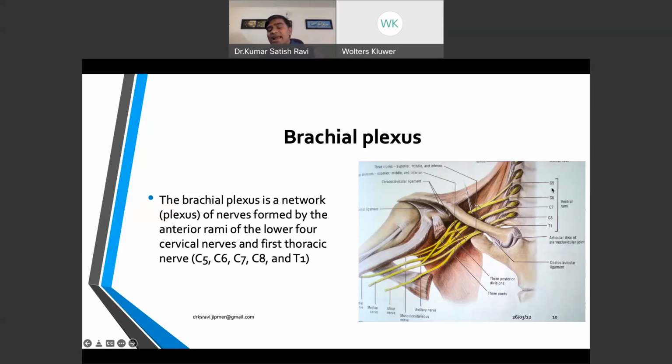In this diagram, you can see the lower 4 cervical nerves, that is C5, C6, C7, C8, and the first thoracic nerve, T1. So the brachial plexus is formed by the ventral rami of C5, C6, C7, C8, and T1.